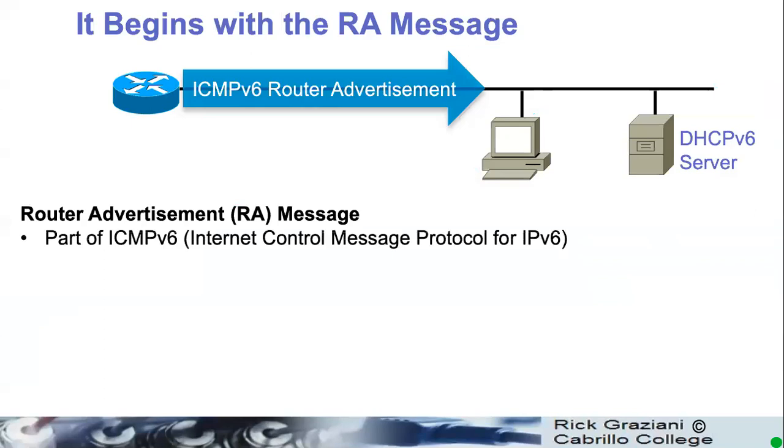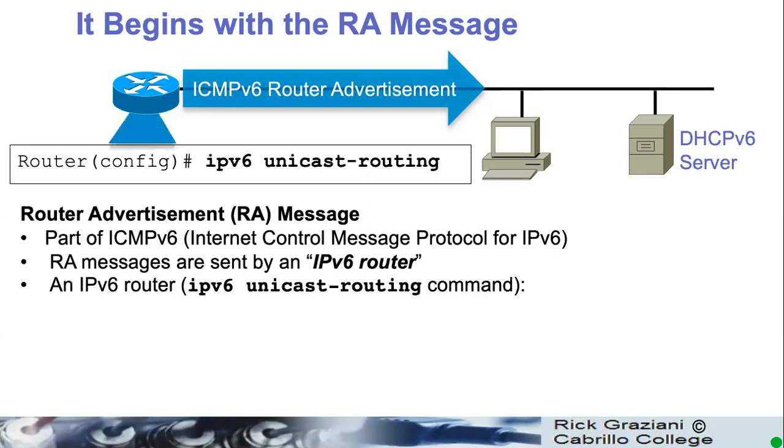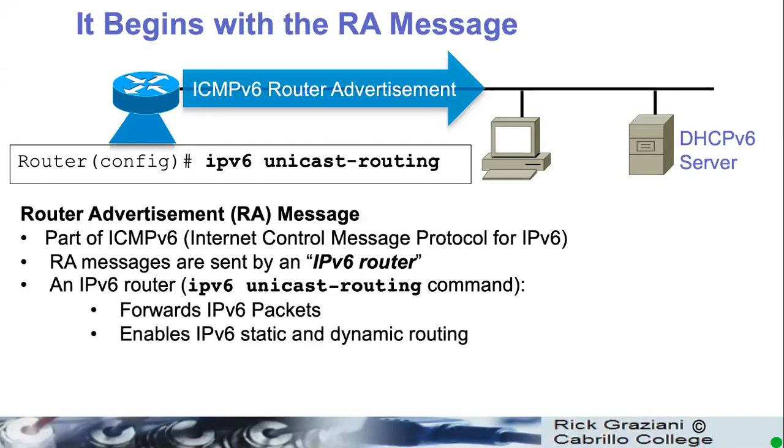A router advertisement message is sent by an IPv6 router, which means a Cisco router must be configured with the ipv6 unicast-routing command. That allows the router to forward IPv6 packets, and also enables it to send out router advertisement messages on its LAN interfaces.